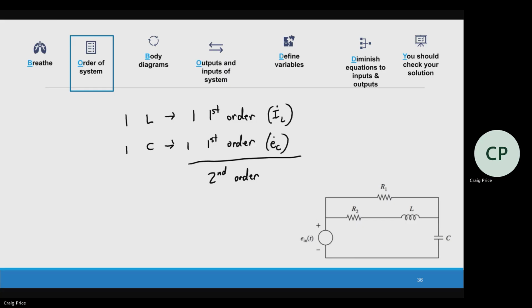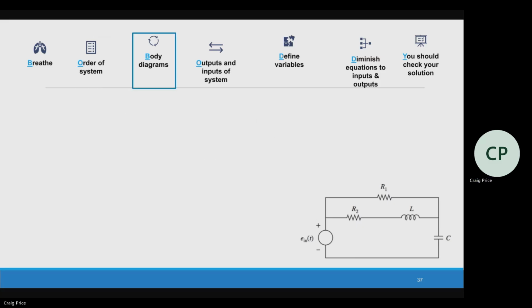Okay. Now we're going to get to the body diagrams. Wish I made this larger. I can put my terminals in. These are all going to be voltage drops.